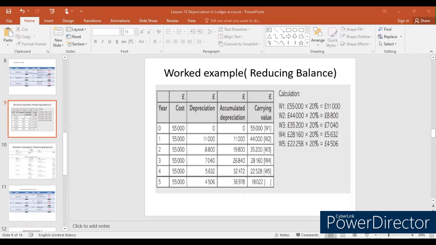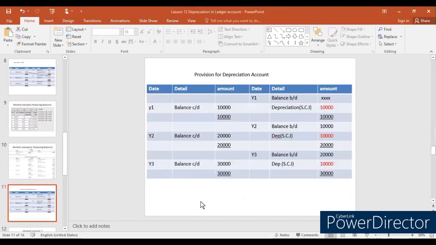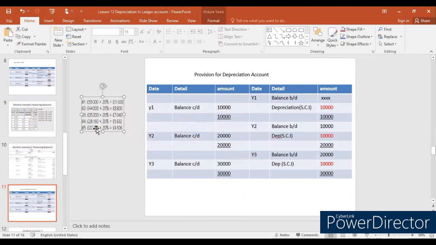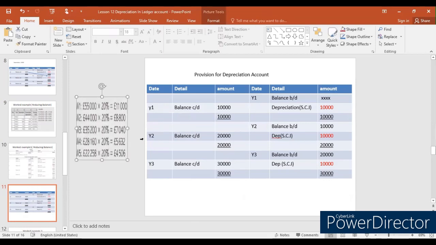I feel to take that one and remember. Otherwise, we have to look again and again. So these are the depreciation figures we need to concern. So here is the depreciation, and we'll change the figures based on that.